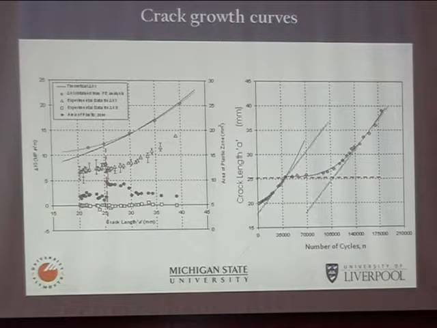And if you put a tangent on A versus N here, and you look for when it achieves the same gradient over here, then what you find is that that occurs at around about 30 millimeters. And if you look over here, the plastic zone size at around 30 millimeters has dropped back down to about the size it was before we put the overload in. Okay. So it appears that the crack resumes its growth rate once it's grown through the plastic zone that was created by the overload.